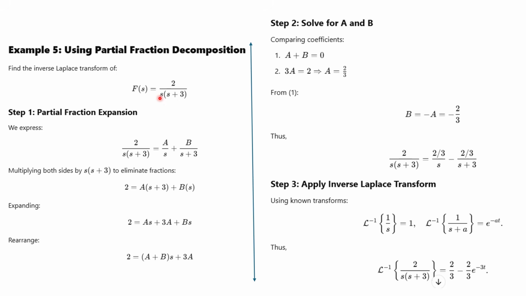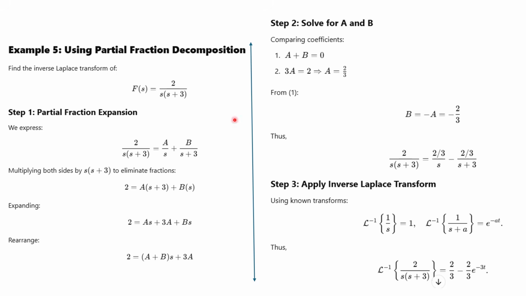We want to write this function in terms of these. Now you can equate the left side and right side and get the values of a and b. Once you get the values of a and b, finally we have 2 by 3 divided by s and 2 by 3 divided by s plus 3, right?